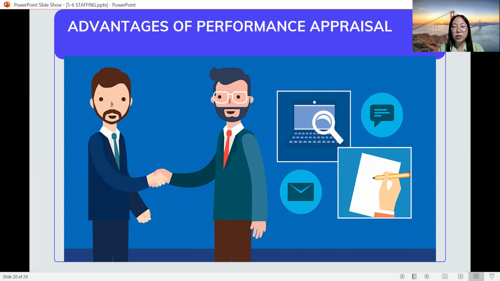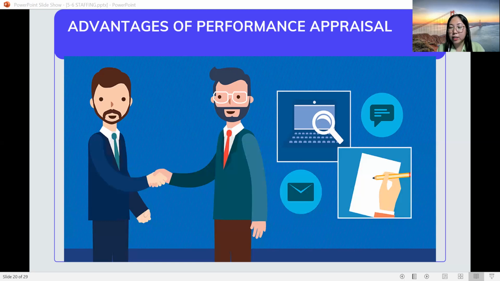As you can see on the picture, this is the first advantage of the performance appraisal. And this includes the promotion. So it helps the supervisors to check out the performance of each employees out of the promotion programs for efficient and effective success of their organization.